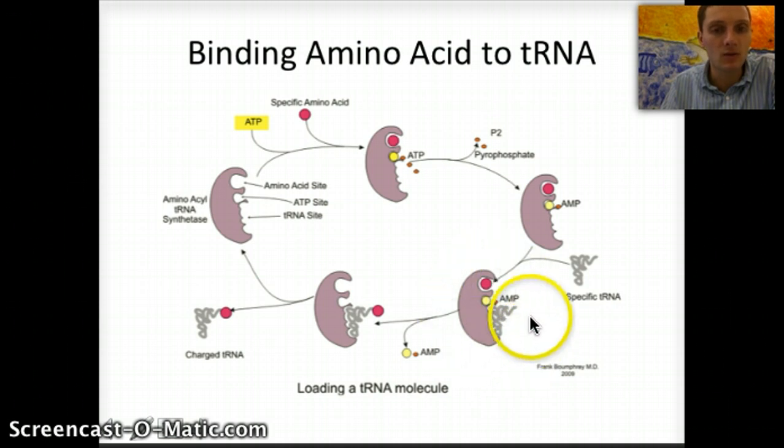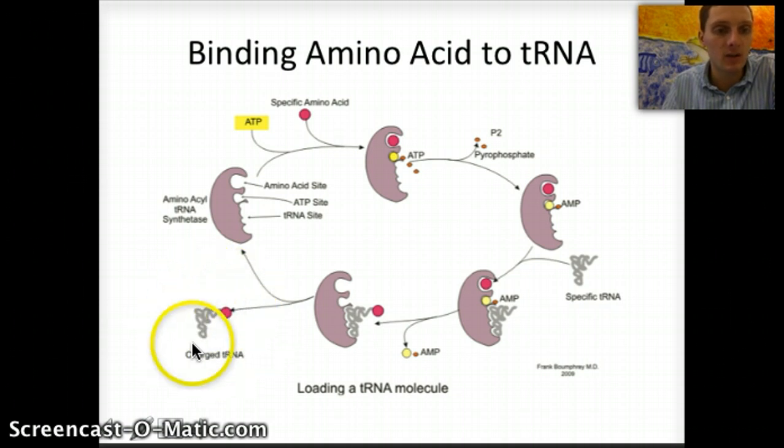So this enzyme is only going to do this specific amino acid and this specific transfer RNA molecule. In order to connect the two, this AMP, the molecule that has one phosphate, is going to be released.